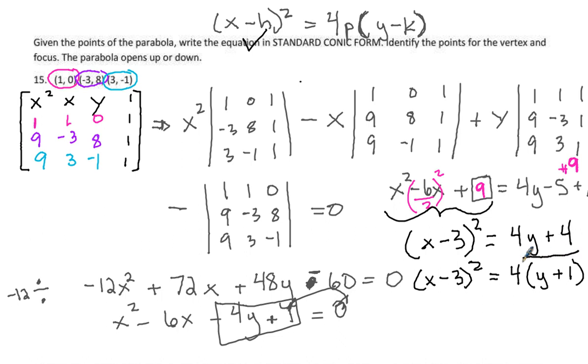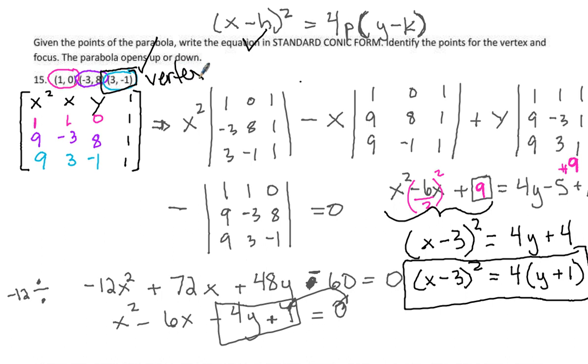So this is my standard form for the parabola that opens up and goes through the points 1, 0, negative 3, 8, and 3, negative 1. It looks like 3, negative 1 must be your vertex. There's your vertex, 3, negative 1.